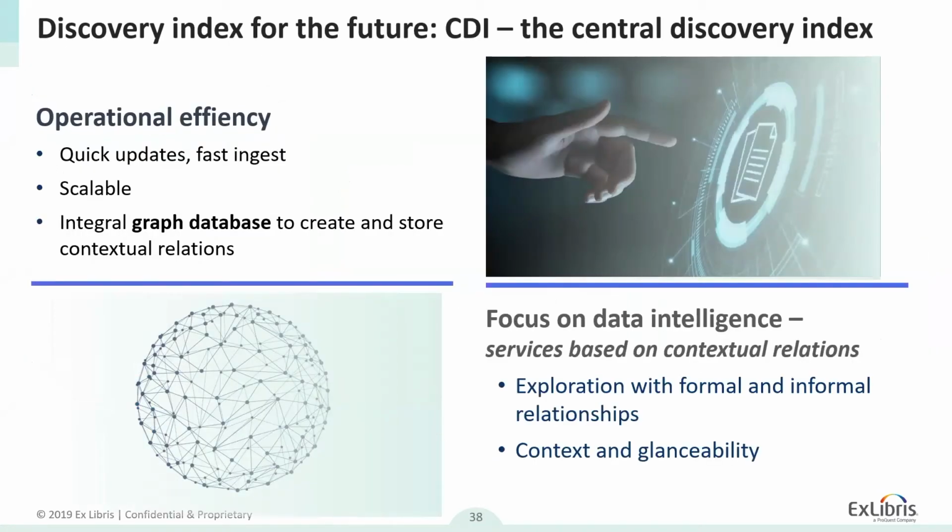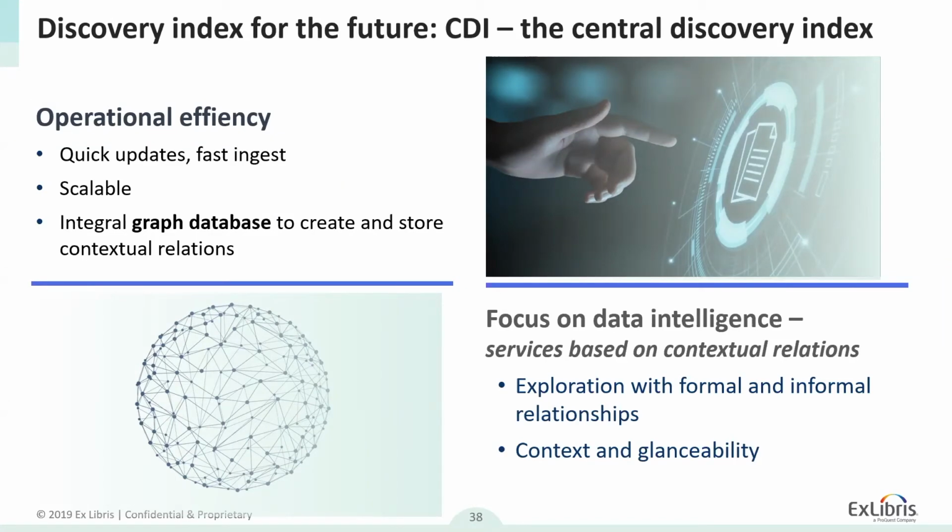So there are two main aspects of the new discovery index, or CDI, Central Discovery Index, as we call it. One is operational efficiency, which is always important, but especially in view of the expected growth in the next years. CDI will provide us with better technologies and tools, for example, for faster ingest, updates, etc. But the second part is that CDI is not just a discovery index.